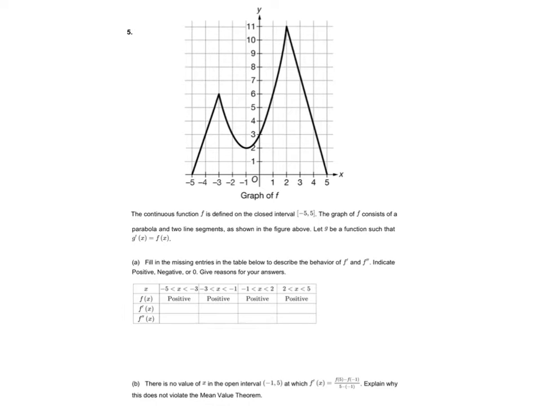Okay, so we're given the actual graph of f. So f prime is going to be positive whenever f is increasing and negative whenever f is decreasing. From -5 to -3, it's increasing the whole time, so this will be positive.